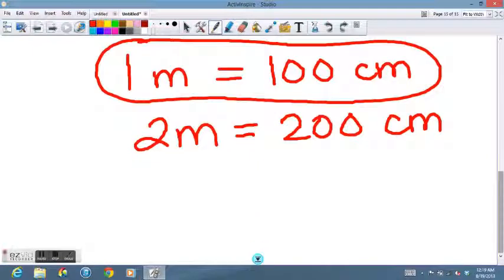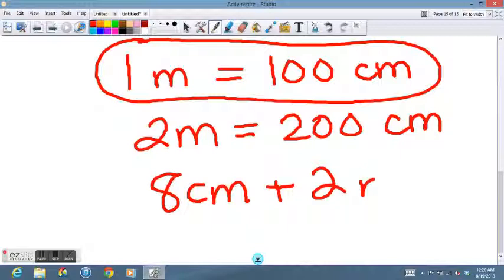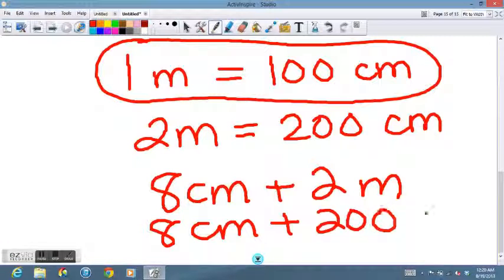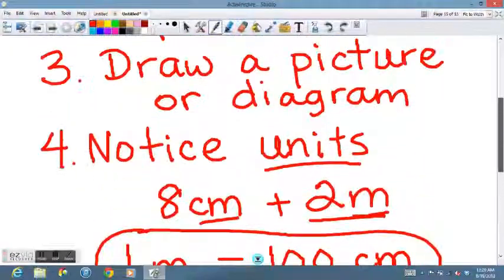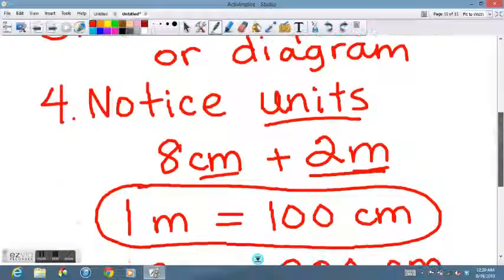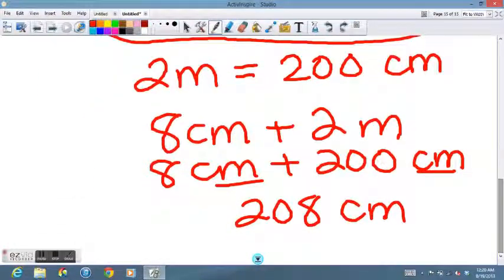So if we're adding 8 centimeters plus 2 meters, that's 8 centimeters plus 200 centimeters. Now we have the same units, so we can add those together, and that would be 208 centimeters. So again, keep in mind that you want to notice your units, and if they're not the same, you might want to convert those to the same units so that you can do the problem.